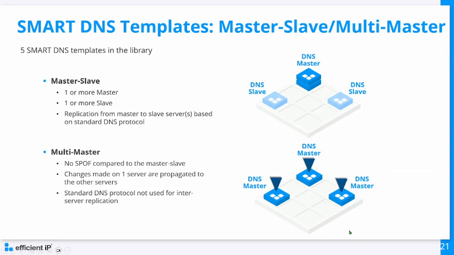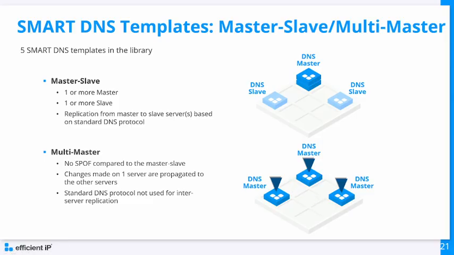Now you also have an architecture that is multi-master. In multi-master, you can go to any master to make changes, and the changes will be synchronized among all the masters. So that is the main difference. But one thing you do have to know, if you are using multi-master with Efficient IP, the synchronization, the replication of the changes among all the masters, is not using DNS traffic.